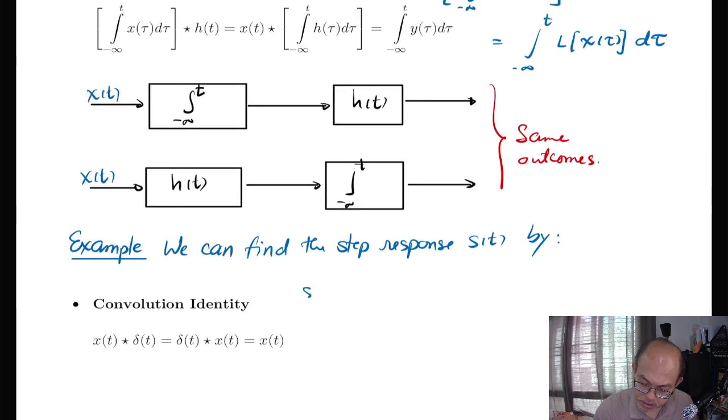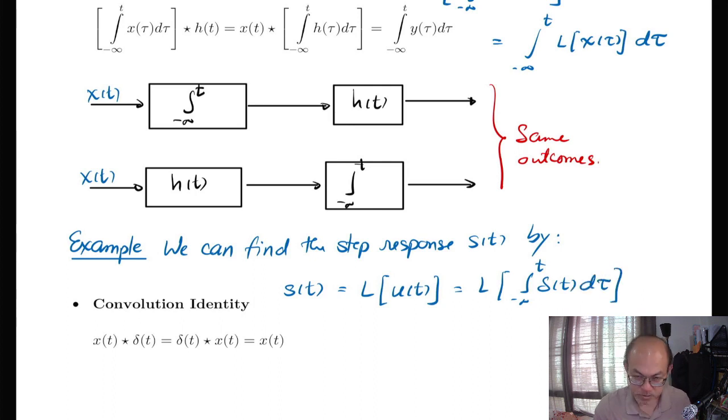The step response is the output from the integral of the input. Okay, and that is L of u(t), but u is the integral of the unit impulse, right?